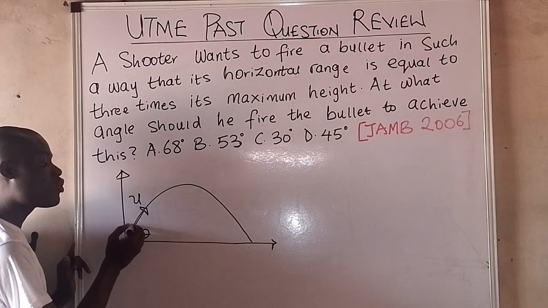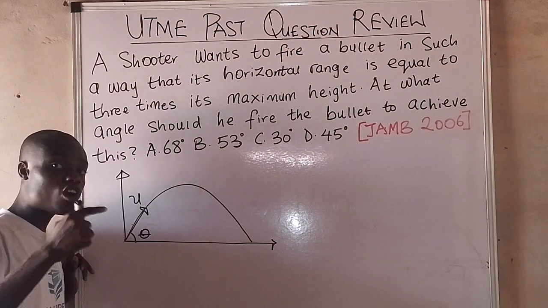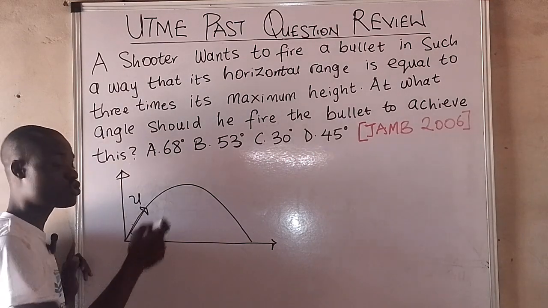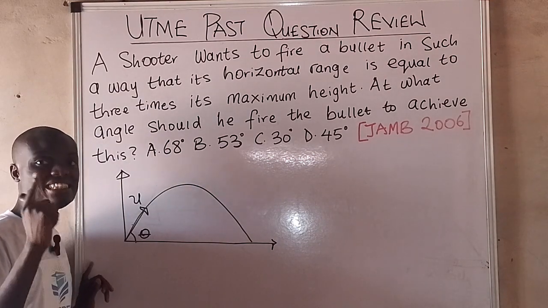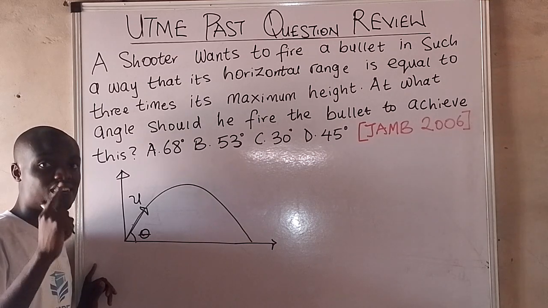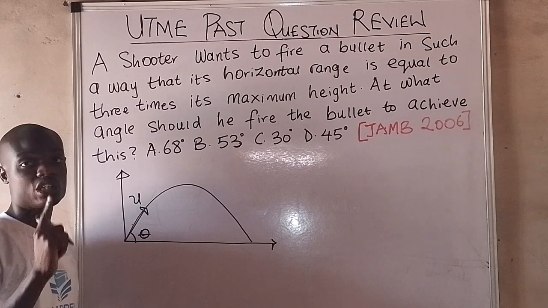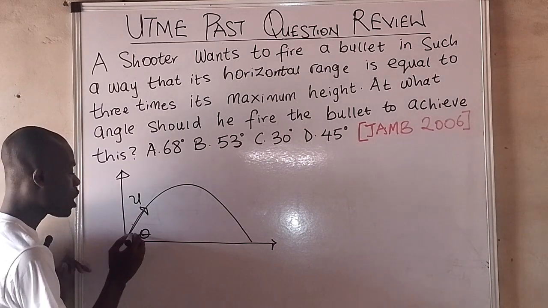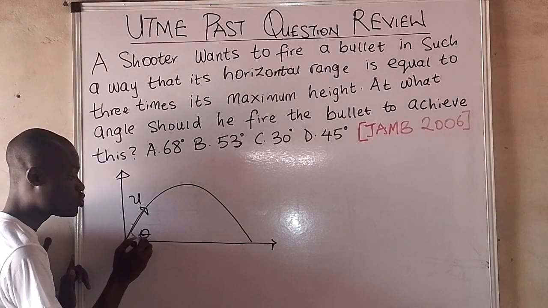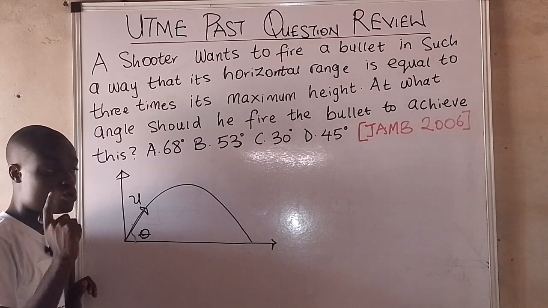You can also have an angle to the vertical. But in solving questions in projectile motion, you are not interested in the angle to the vertical. Rather, you are interested in the angle to the horizontal. So for every question you solve in projectile motion, you are always going to use your angle to the horizontal to solve, not the angle to the vertical.